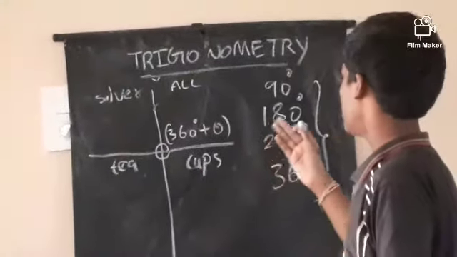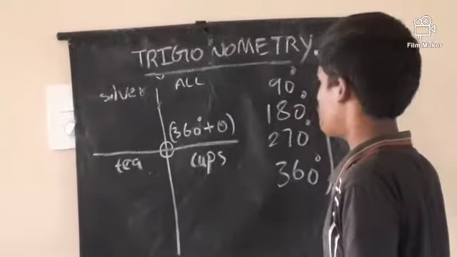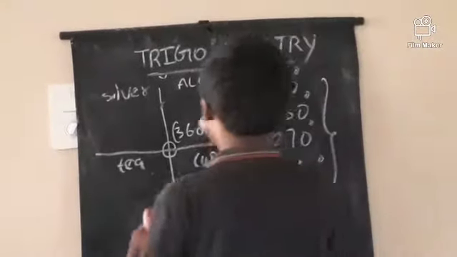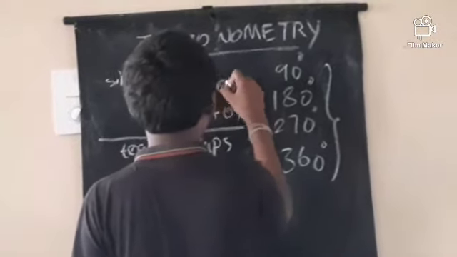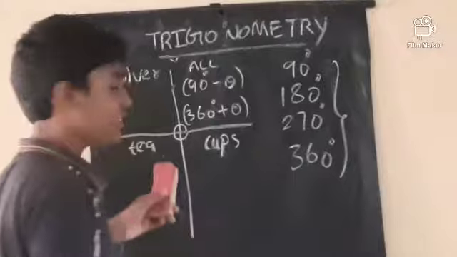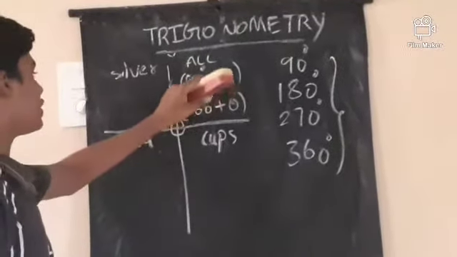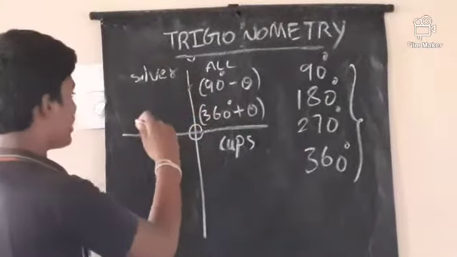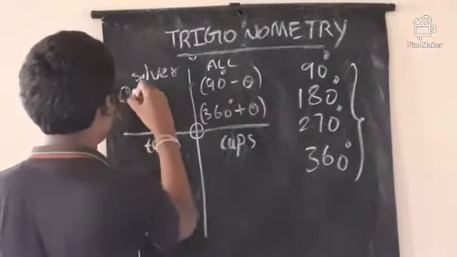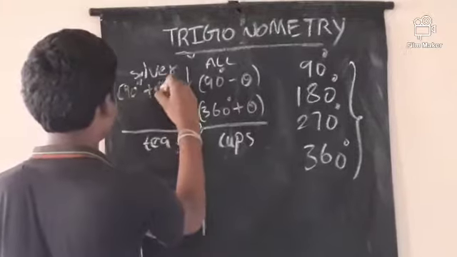And again, the first is 90 degrees: 90 degrees minus theta will come here. In the second quadrant, while coming to it, we can write 90 degrees plus theta.